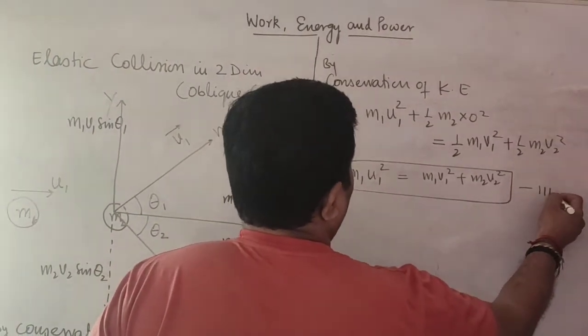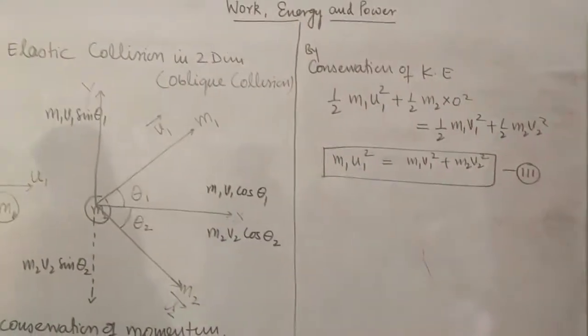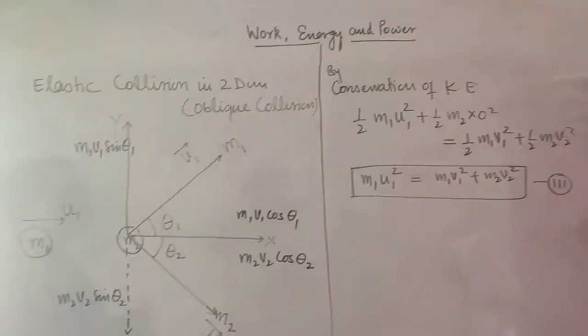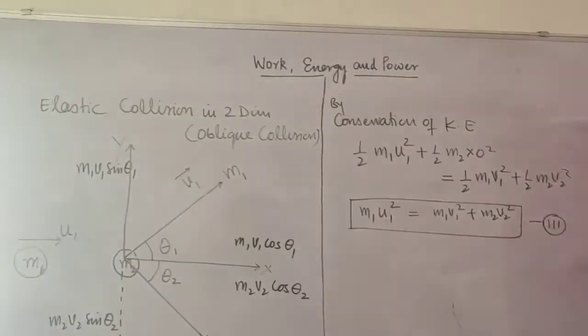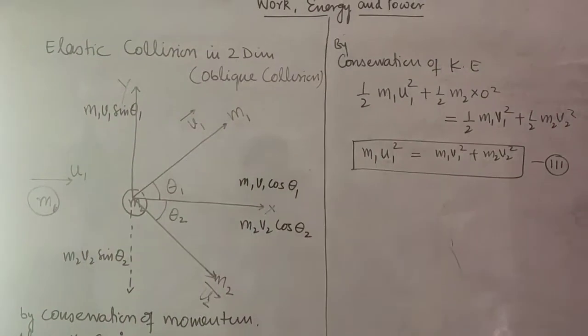So by using all the three equations, you can find out any given unknown quantity. Now there is a case.